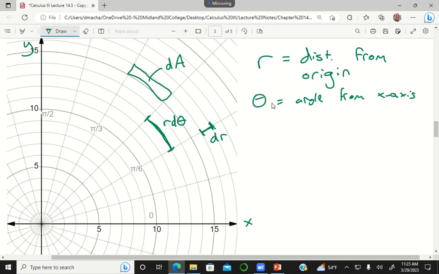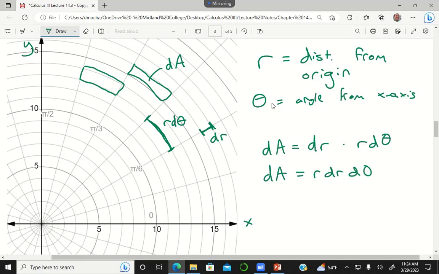So what that's saying is if you wanted to calculate one of these dAs, we would say that dA is dr times r d theta. Or we could say that dA is r dr d theta.